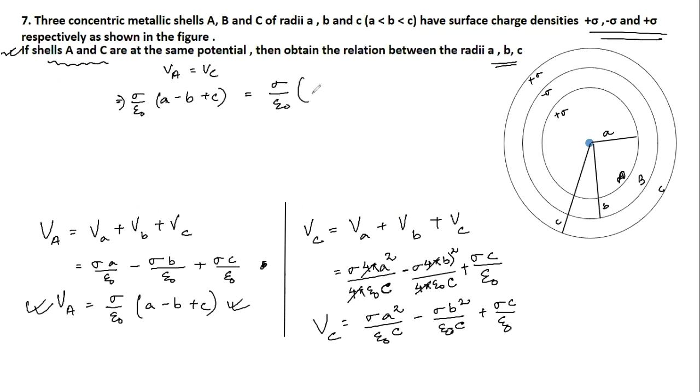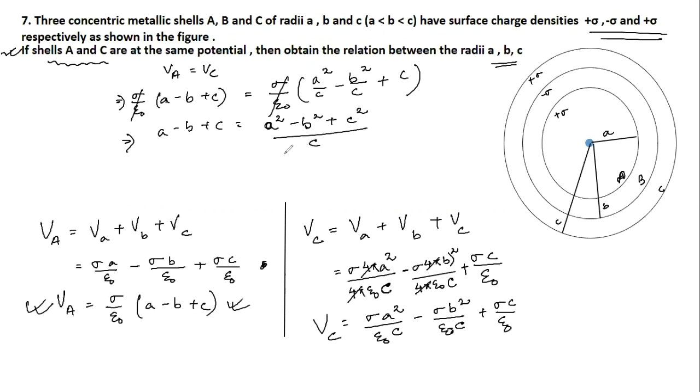If you take common there, you get A squared by C minus B squared by C plus C. Right. So if you cancel out sigma by epsilon naught on both sides, you get something like this, A minus B plus C. And here you get A square minus B square plus C square.